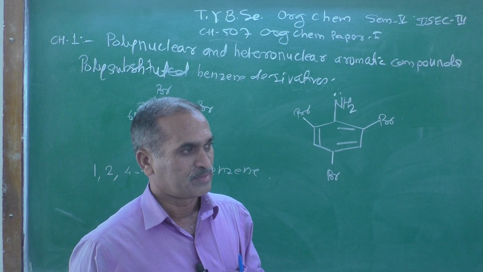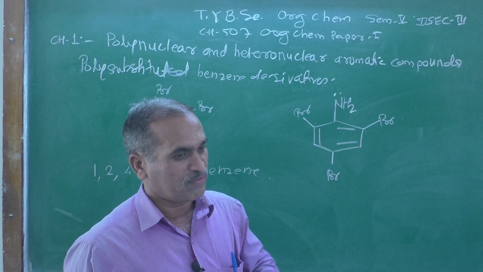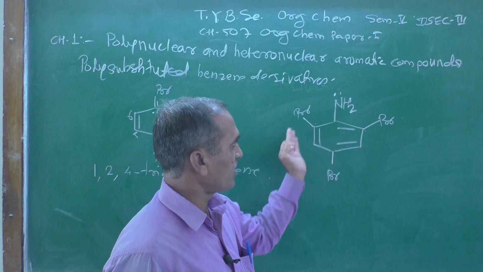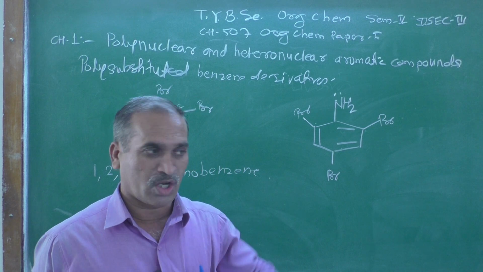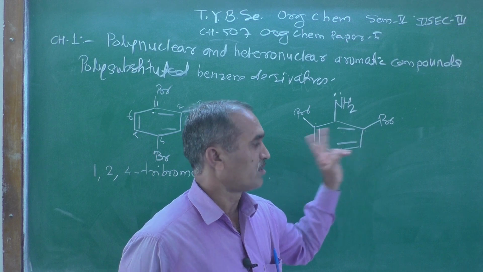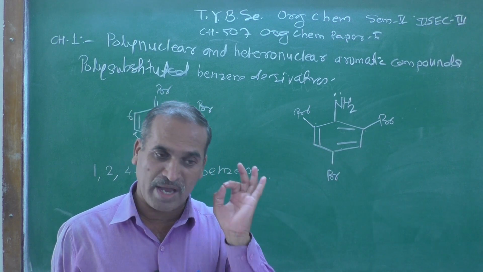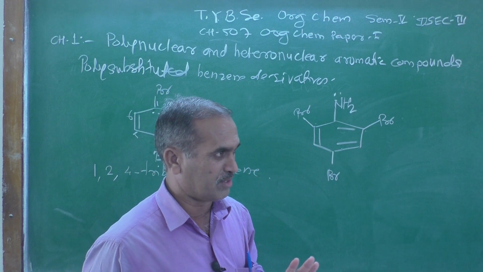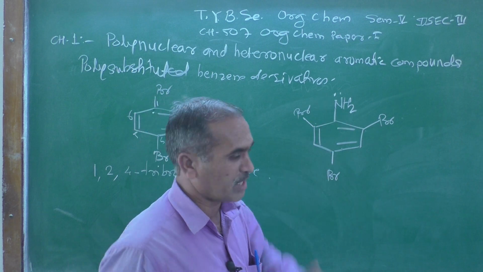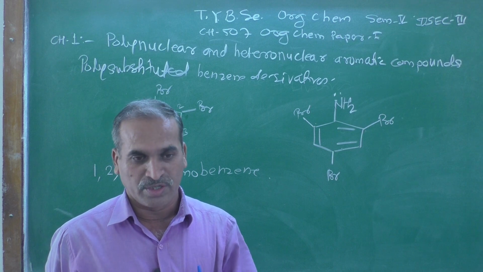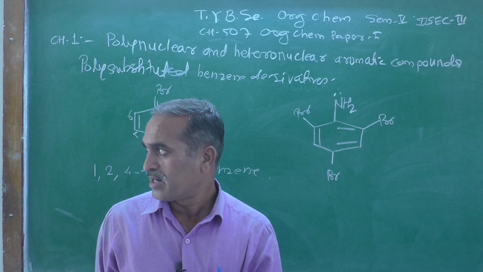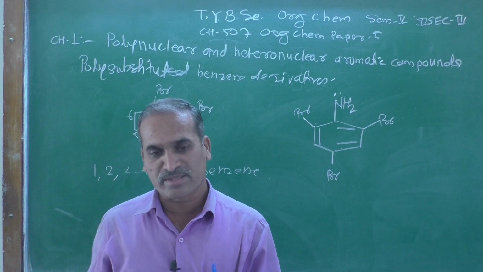Then you can follow the path either left hand side or right hand side, clockwise or anti-clockwise, because there are two identical substituents on both ortho sides with respect to the amino group, and therefore you can number either right hand side or left hand side.